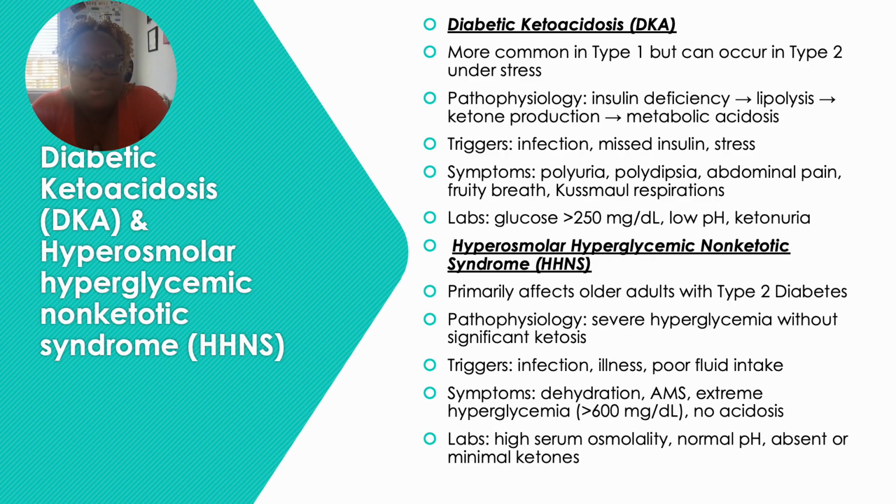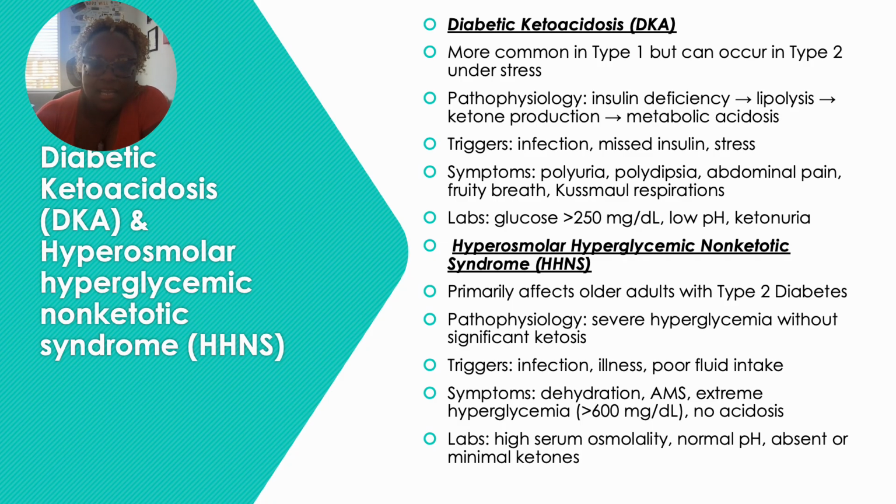Some of the labs that we test to confirm DKA: glucose greater than 250 milligrams per deciliter, low pH, and ketones in the urine. HHNS primarily affects older adults with type 2 diabetes.